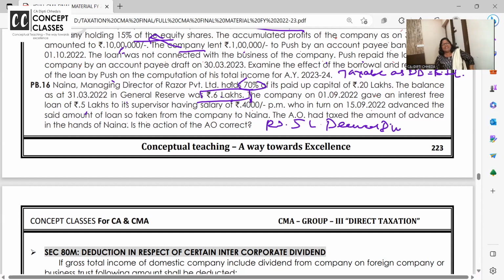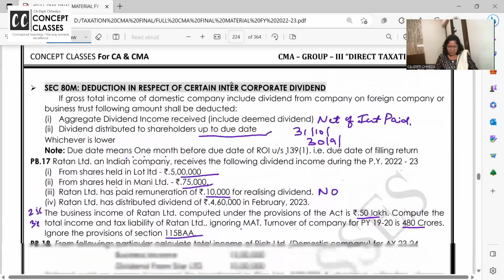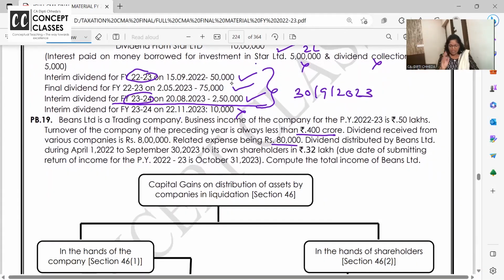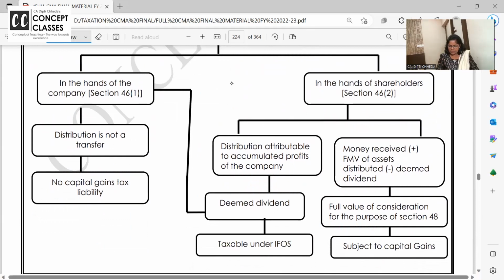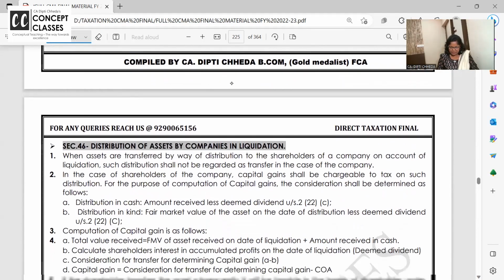Clear to all of you? Following or not? So easy are all these problems. We have done problems for ATM. Now the last question for today is related to this flow chart and liquidation concept.